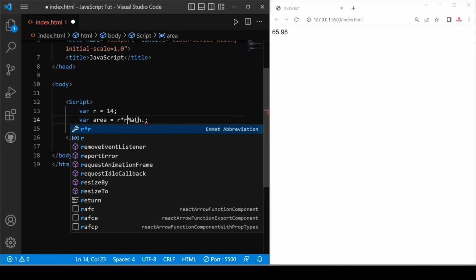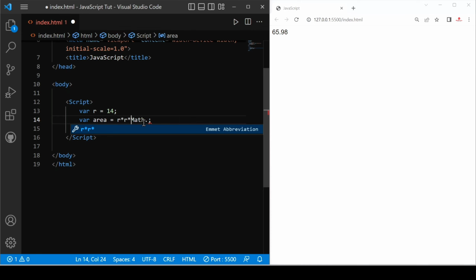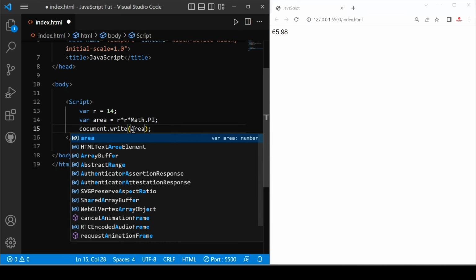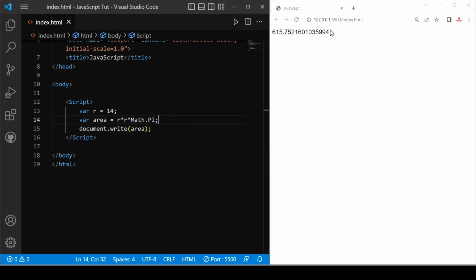We multiply, and after that we provide pi. Now we provide here area. You can see this will give us the area of the circle having a 14 centimeter radius.